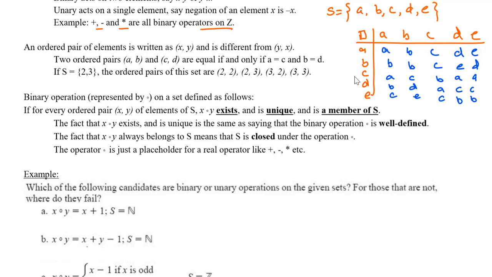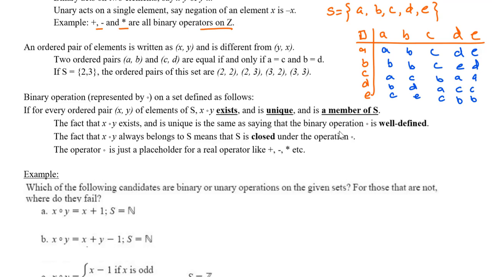So here we are. Does it exist? Yes. Between A, B, C, D, E and another A, B, C, D, E, this operation A, B, A, C, A, D and so on, or B, A, it does exist. There is some entry, there is a result.